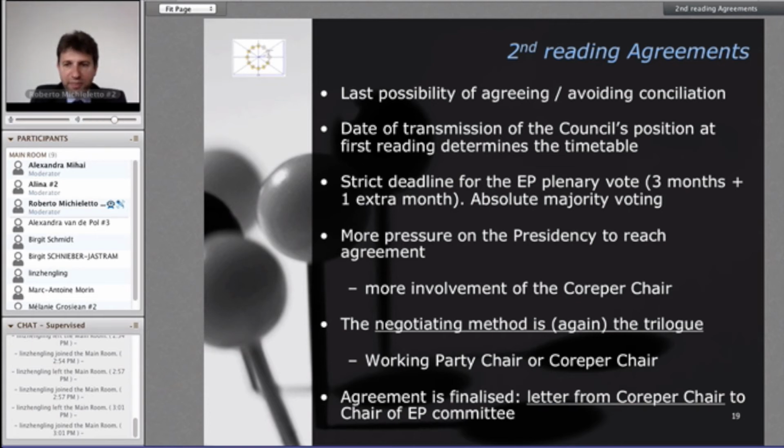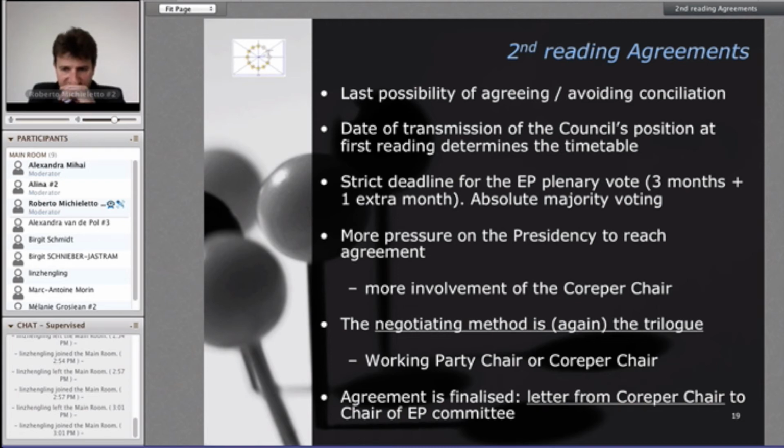So, to push the legislator, when they wrote the treaties, they said we have to put pressure on both institutions: if you don't decide quickly, all the work done will be rejected and will go down. So they gave 3 months.